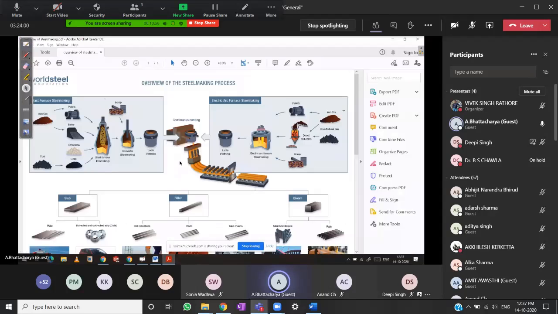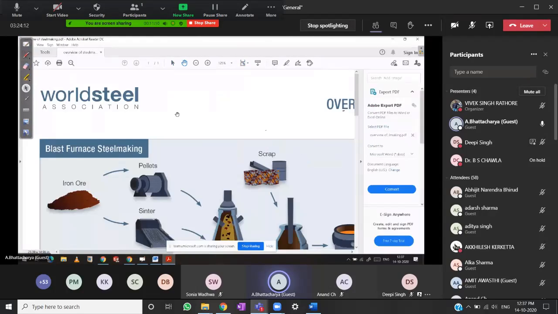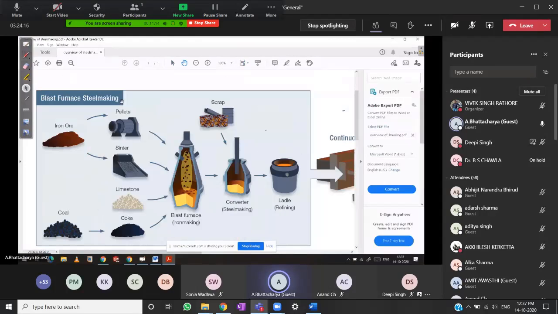This is downloaded from the world's foremost body in the steel industry. The first route means steel making through the blast furnace. Another is electric steel making.